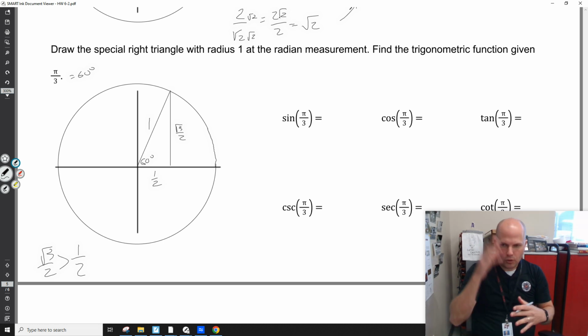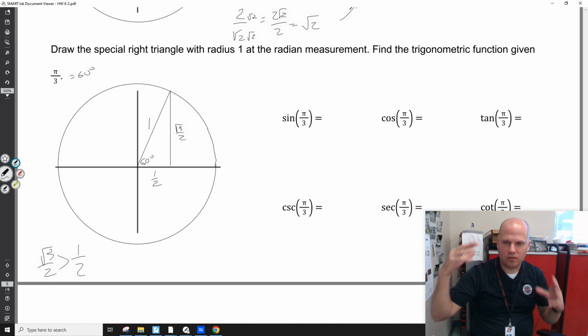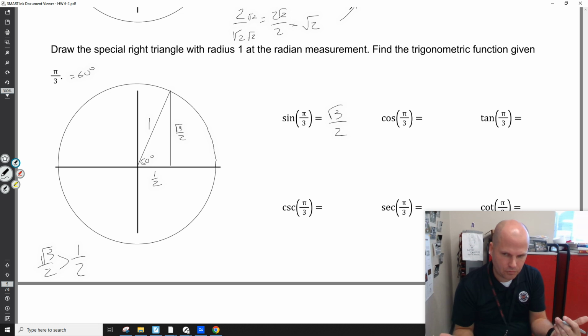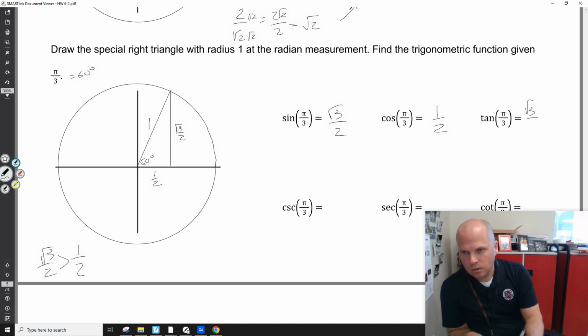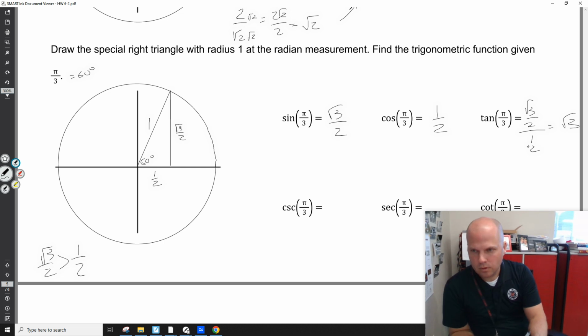You should know. You should be able to do it. Here's what all my 30, 60, 90 triangle ratios have to be. Sine over hypotenuse has to be root 3 over 2. Cosine over hypotenuse has to be a half for any size 30, 60, 90 triangle. Tangent, root 3 over 2 divided by a half is just root 3. It's root 3 over 2 times 2 over 1.